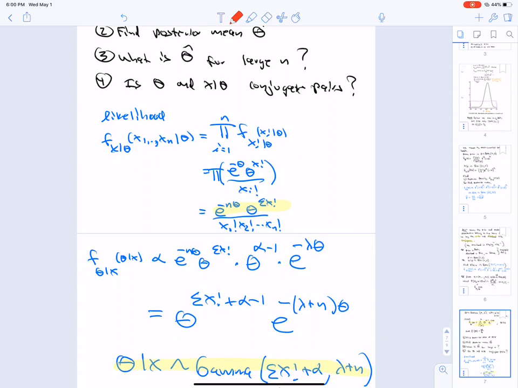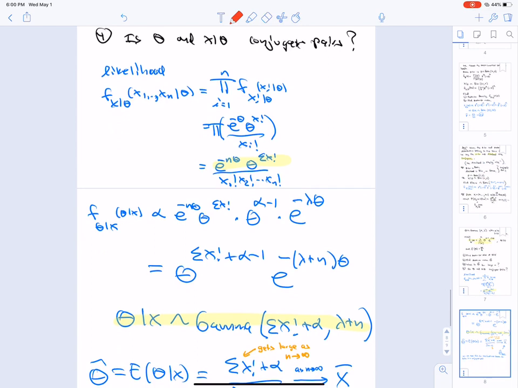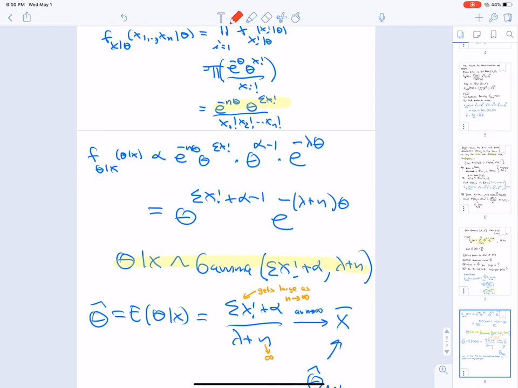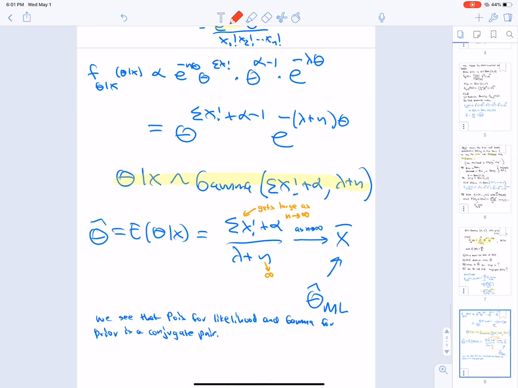So we compute the likelihood, and then the posterior is proportional to the variable part of the likelihood times the variable part of the gamma prior, and we see that that is indeed a gamma. In particular, it's a Gamma(sum of the xi plus alpha, lambda plus n).